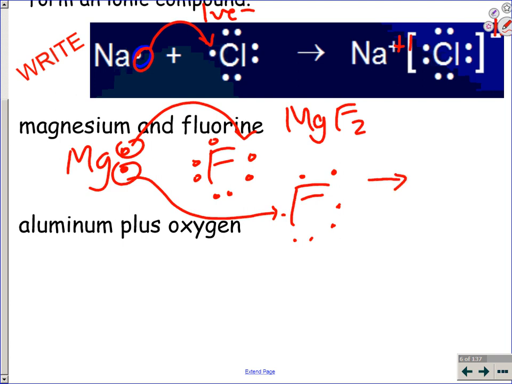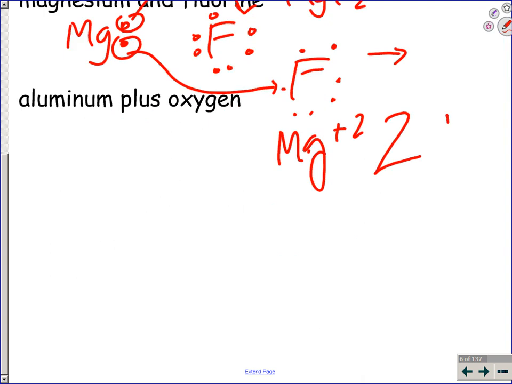So we end up with magnesium with a 2+ charge, no bracket needed because there's no shell of electrons to consider. Then we have 2 fluorines, and there are 2 ways to write this. Either put a 2 and then a bracket with 8 dots around fluorine, with a charge of -1.